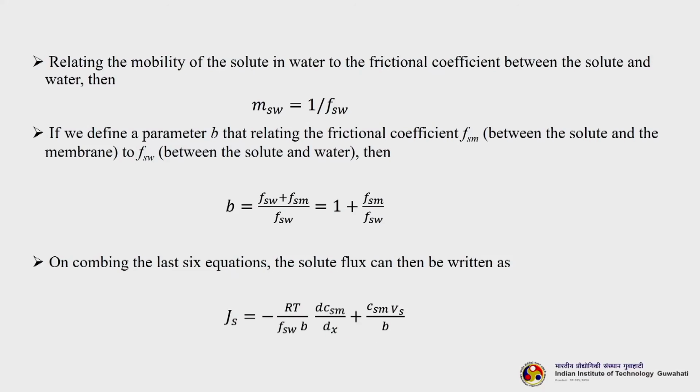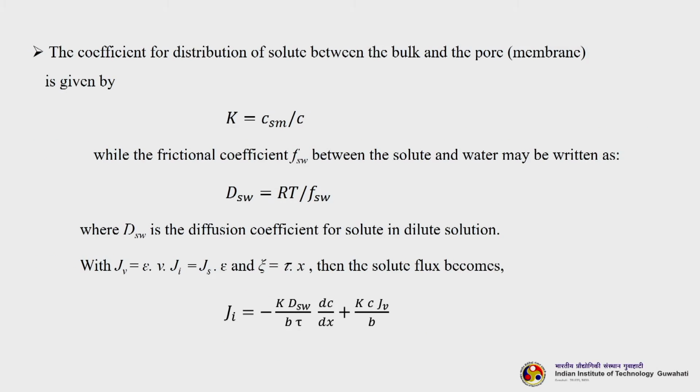So, B equals f_sw plus f_sm divided by f_sw, that is 1 plus f_sm by f_sw. On combining the last 6 equations, the solute flux is J_s equals minus RT by f_sw B, times dC_sm by dx plus C_sm V_s by B, where B is this particular expression.